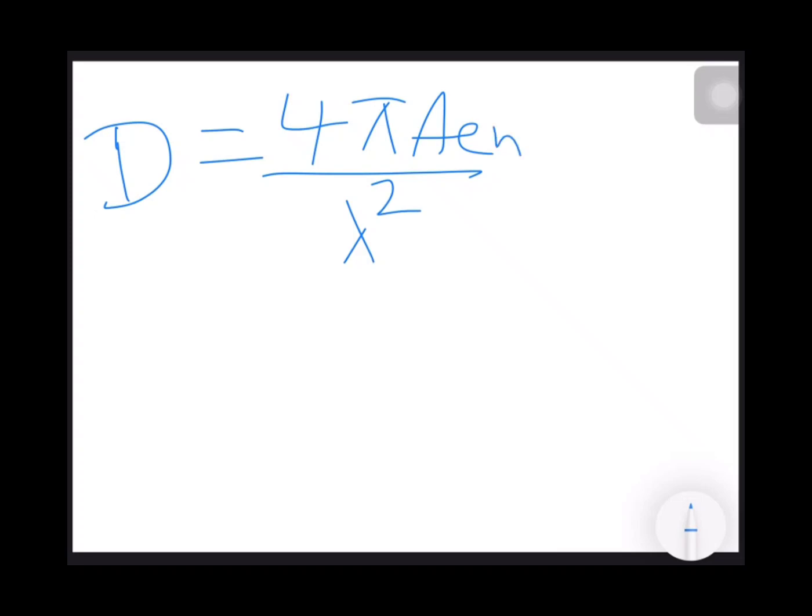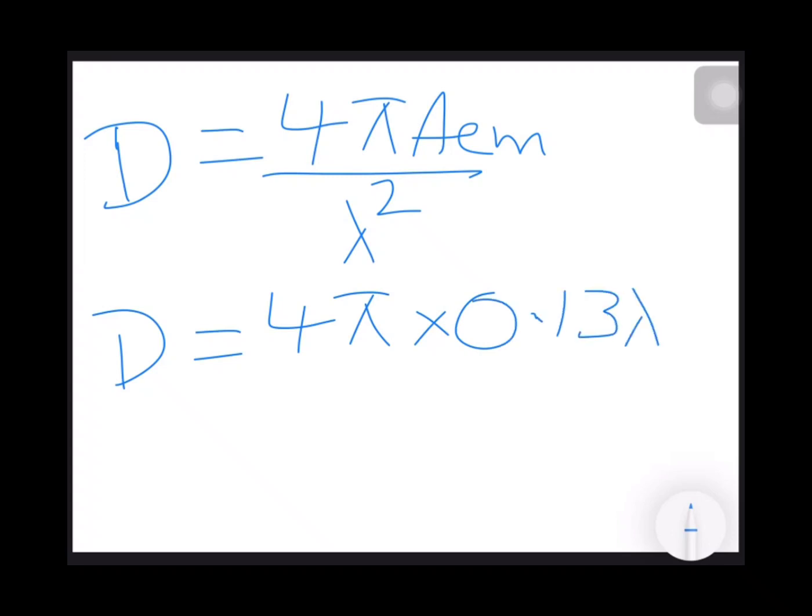So now we know what is the value of AE for the lambda by 2 antenna. So let us substitute that. So it will be 4 pi into AEM, that is 0.13 lambda square divided by lambda square. Now lambda square and lambda square will cancel.